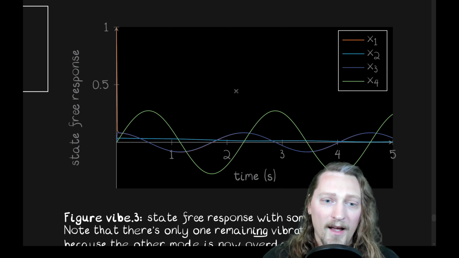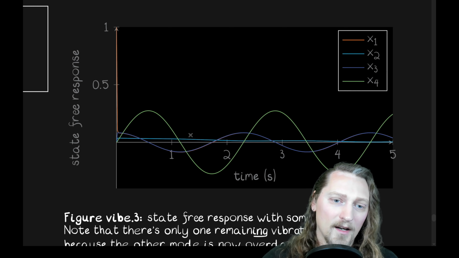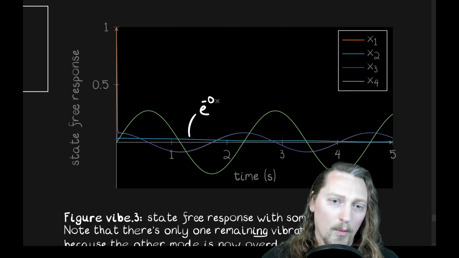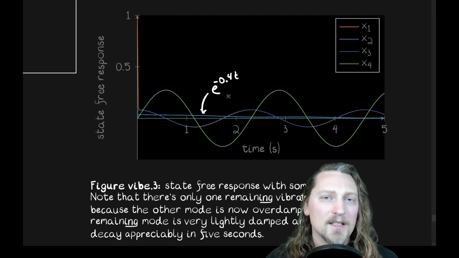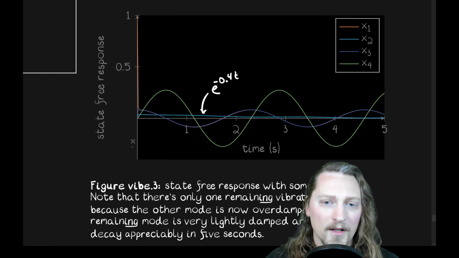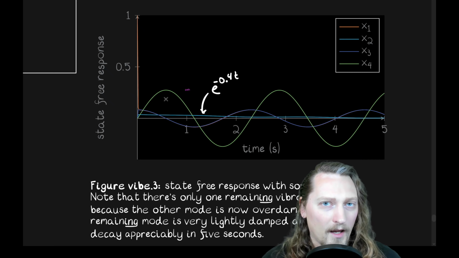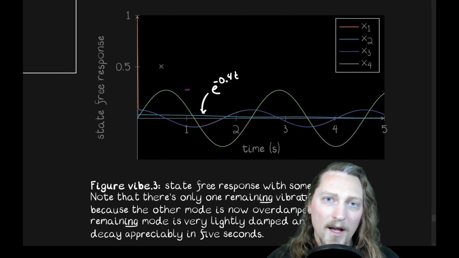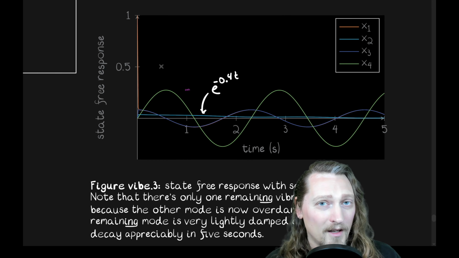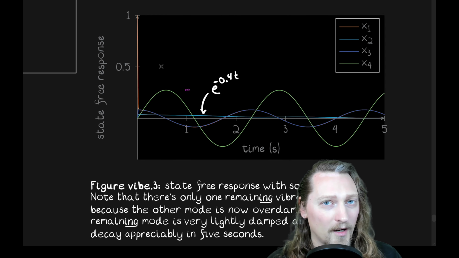because there's only one natural frequency left in this system. So what we're seeing there is mainly the effect of that e to the negative 0.4 t component dominating that one. It's a slow decay, right? It's a very slow decay. And if we were to really look closely, another slow decay is actually happening on these oscillatory components as well. Those oscillatory components have an envelope dominated by the real part of that complex conjugate pair that was left.